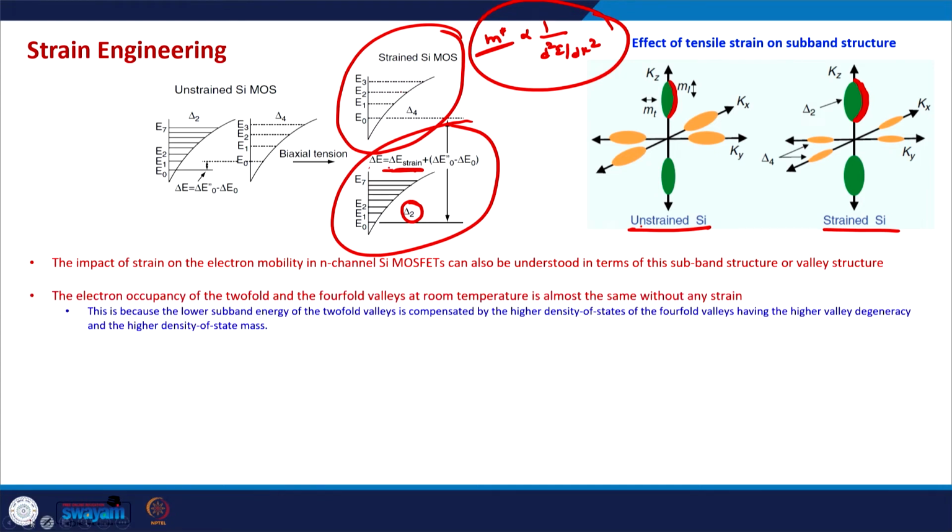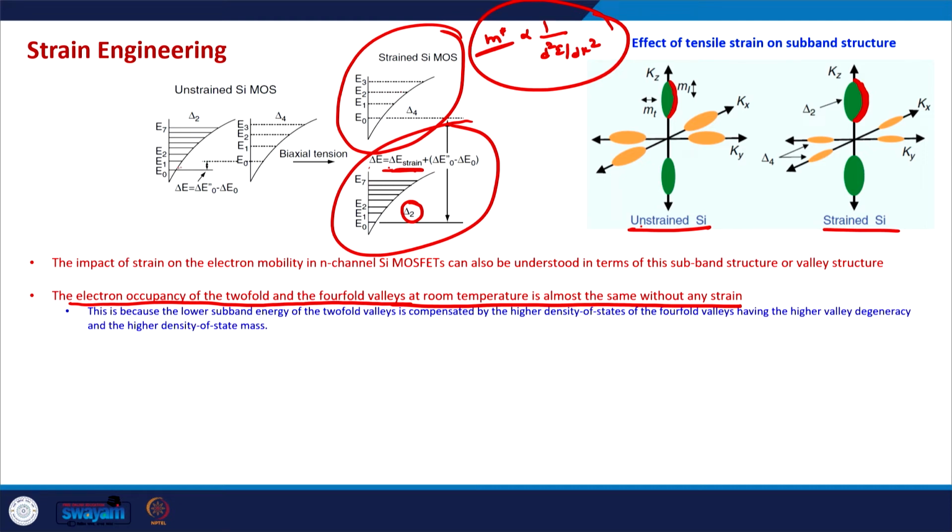Because of these two things, generally in unstrained silicon, the electron occupancy of the 2-fold and the 4-fold valleys at room temperature is almost the same.